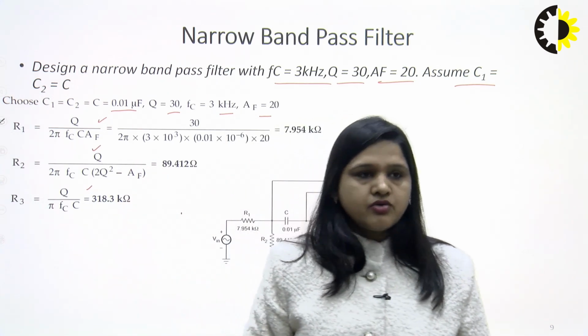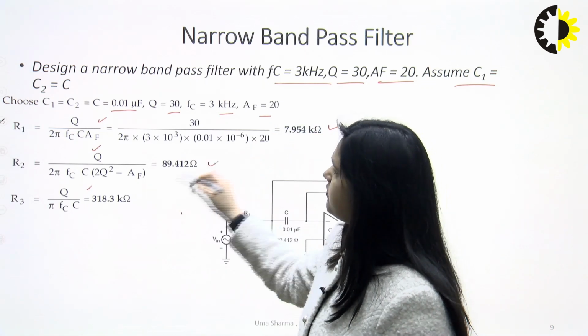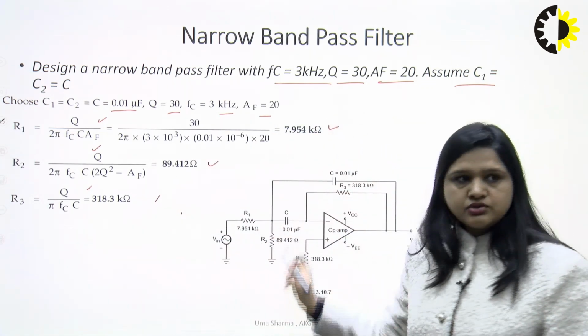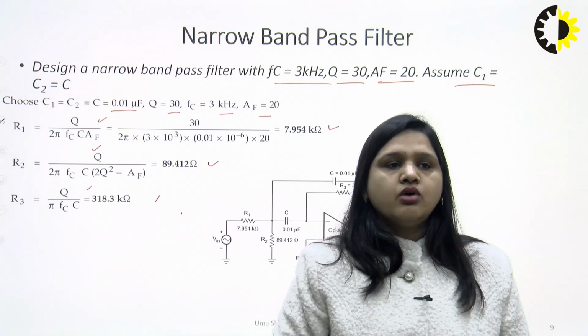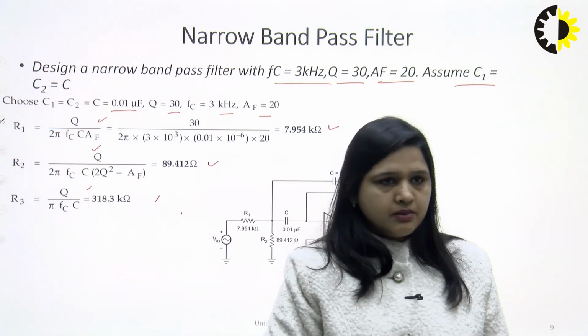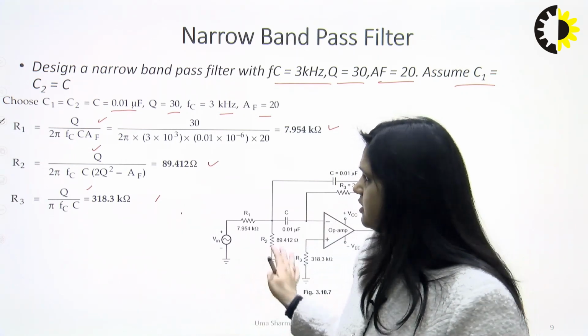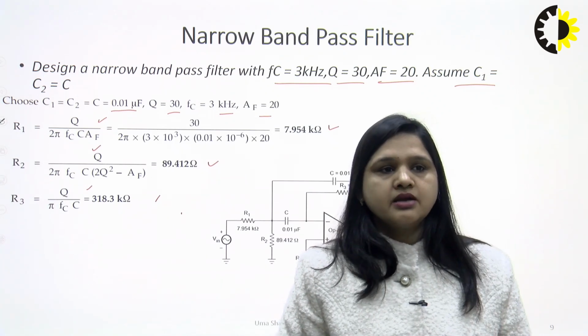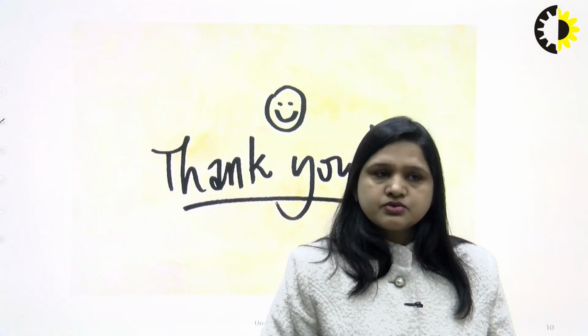By putting all these values into the three formulas, you can get the values of R1, R2 and R3. Just place these values on this diagram and the designing will be complete. So this is all about the designing of the wide band pass filter and narrow band pass filter. I hope now you will be able to design any question related to wide band pass filter and narrow band pass filter. So thank you so much.